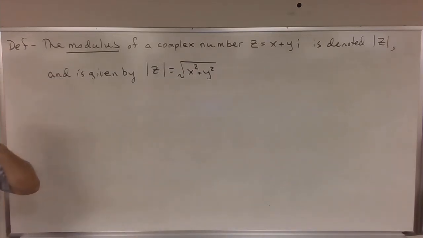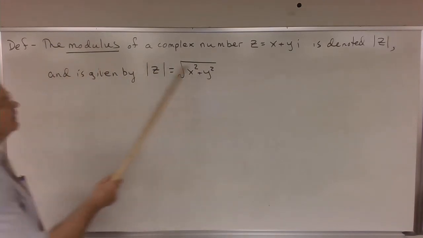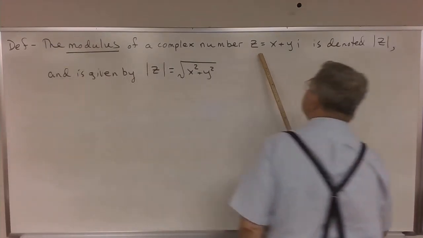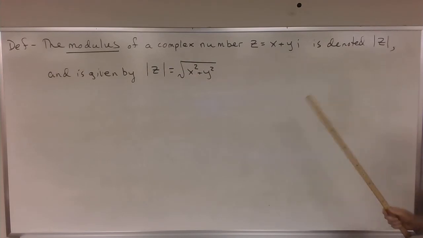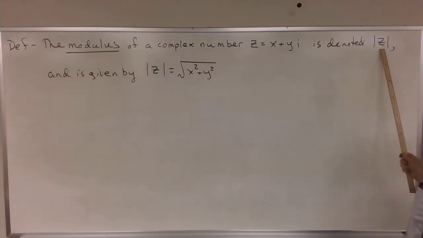Okay. The modulus of a complex number. We'll give the definition and then we'll give the geometric significance. The modulus of the complex number z equals x plus yi is denoted this way.